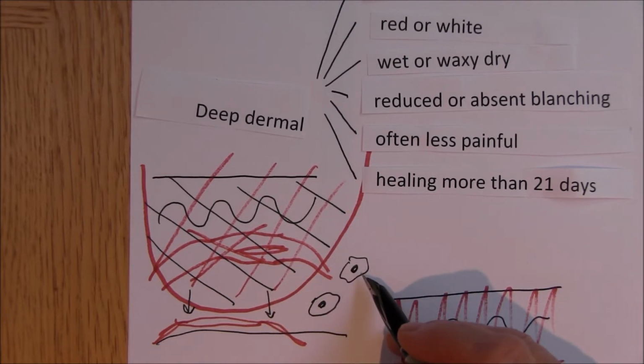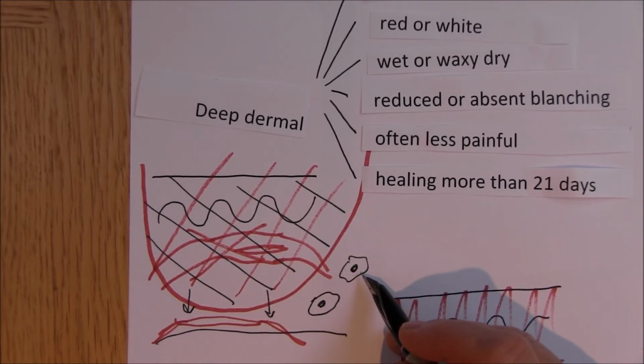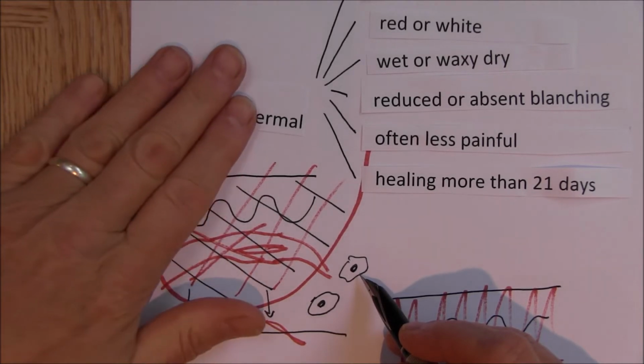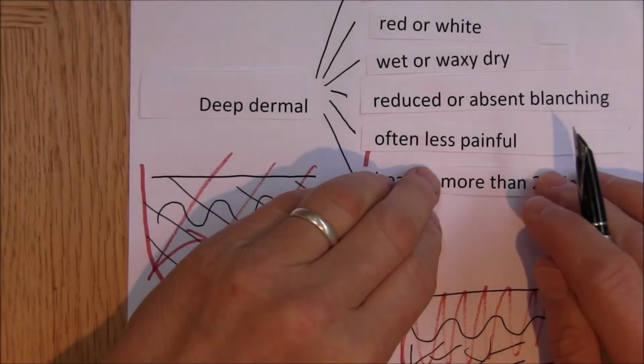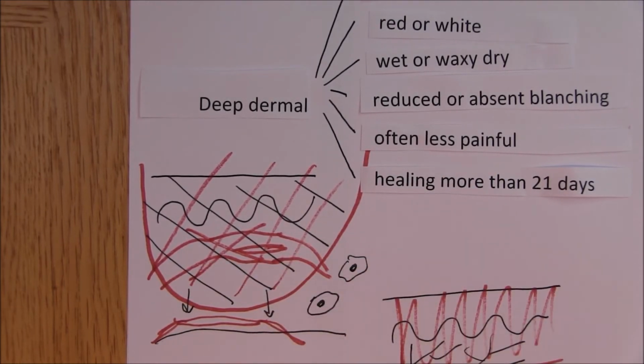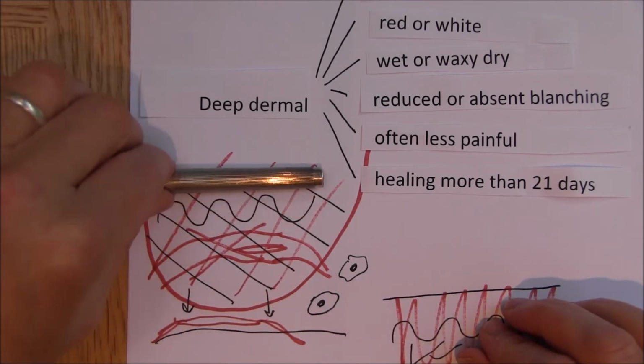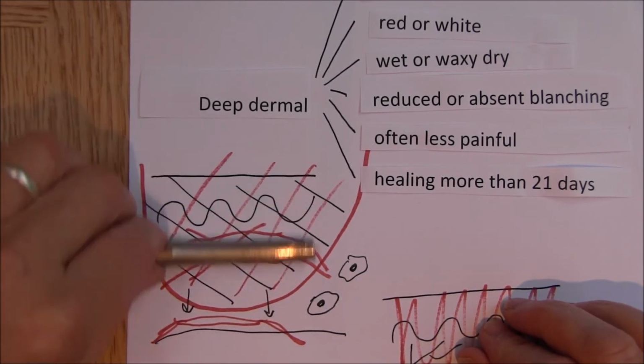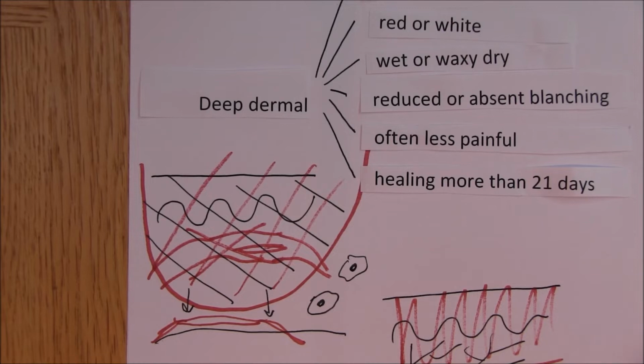It's the fibroblast cells that produce the collagen to give the tensile strength to the dermis. So you're starting from a low base, a low cell population, so healing is going to take longer, and as well as that, there's a much greater thickness of skin that requires healing, so it's going to take more time.